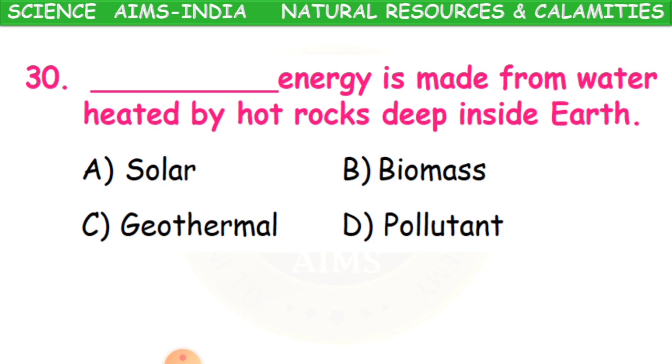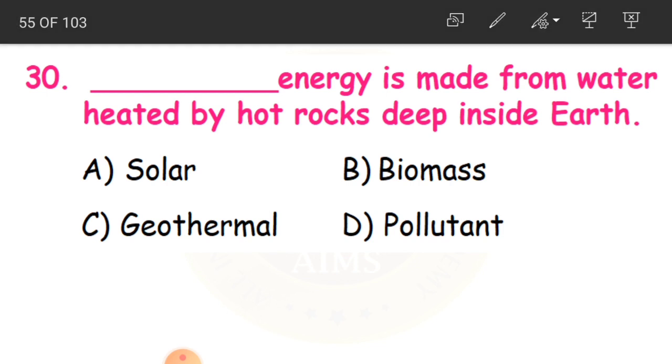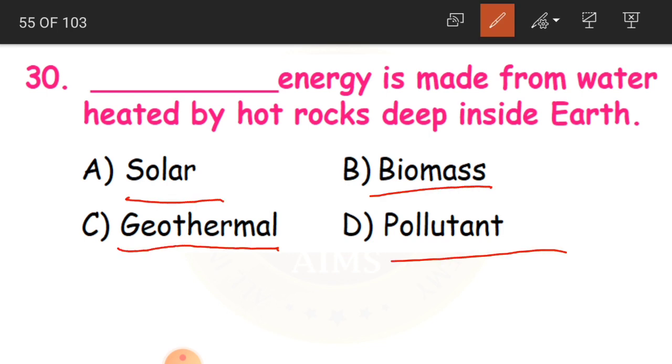Okay, and this mantle is nothing but the rocks, like a silicon type of rock. And when the water is heated by these hot rocks which are deep inside the earth, which energy is made? Okay, so either solar or biomass or geothermal or pollutant, and the answer is geothermal.